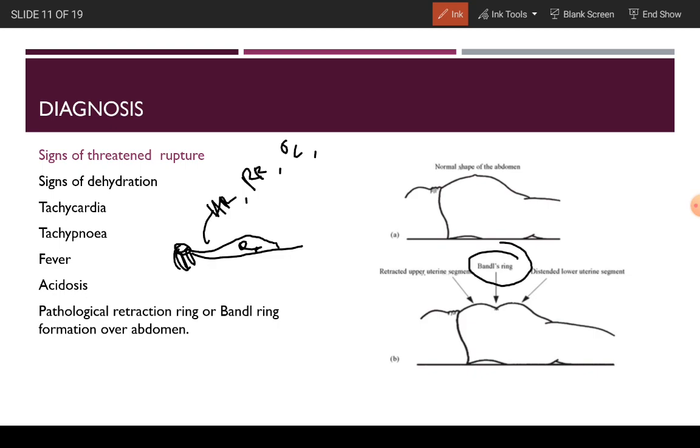So the upper uterine segment will be retracted, lower will be dilated, so that separation you can identify, there will be a ring, and that is Bandl's ring. Normally the abdomen is like this, but here one area has got retracted, other area is distended.